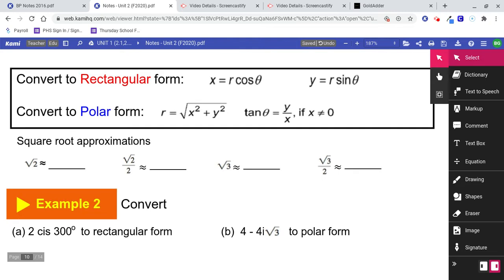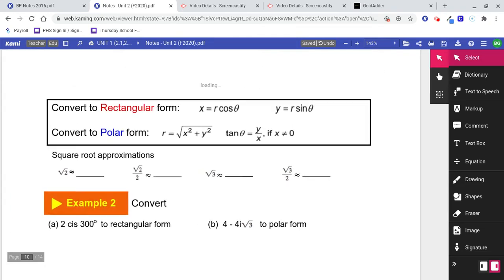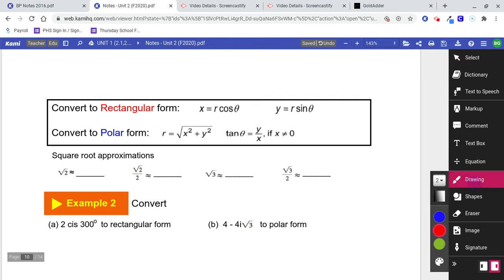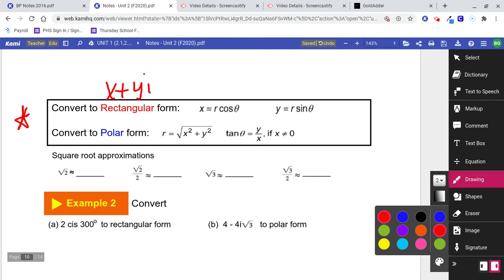But that's where these formulas come in handy. You're going to want to learn these formulas. These are your conversions. Highlight them, put a star by it, but you need these 4 formulas. Rectangular form, please remember, is going to be x plus y i.